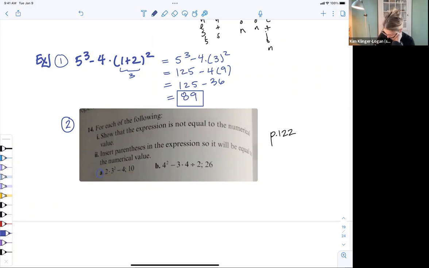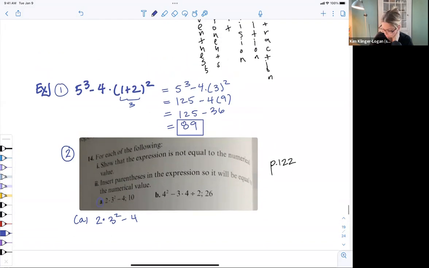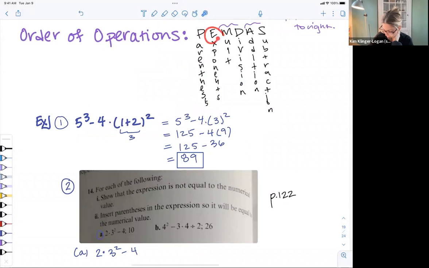So for part A here, let's look at this expression. Again, there are no parentheses in this example. So we are first going to do our exponents. This squared, since there's no parentheses here, is just being applied to the 3.